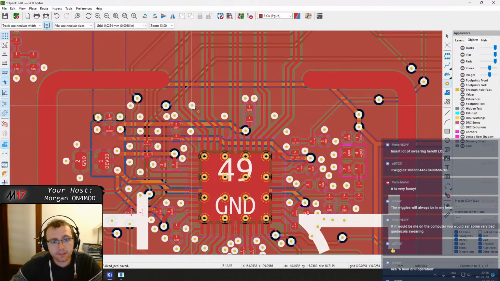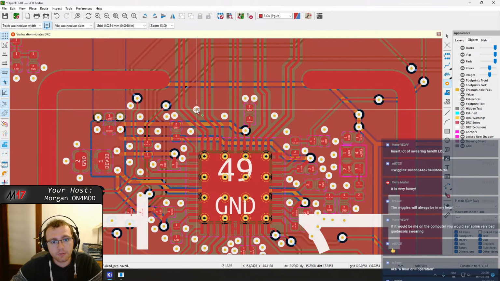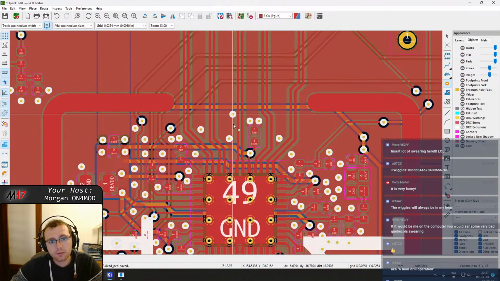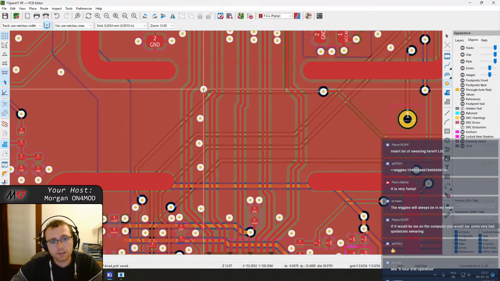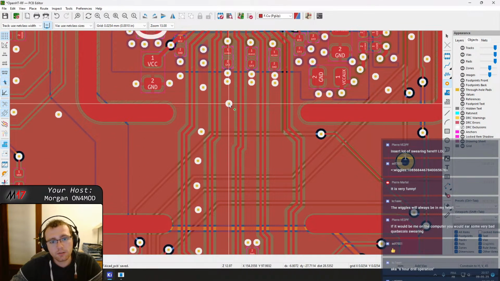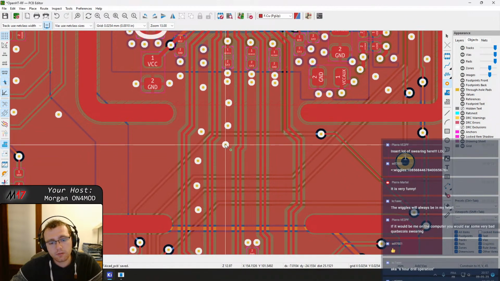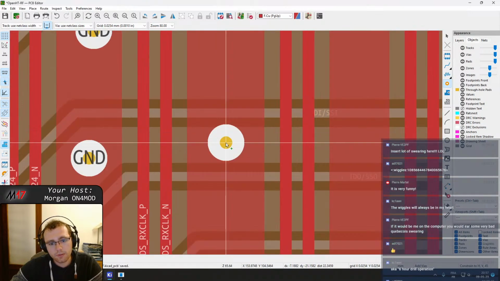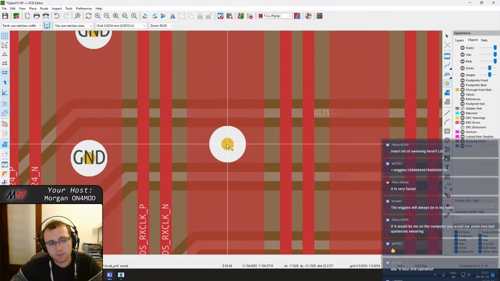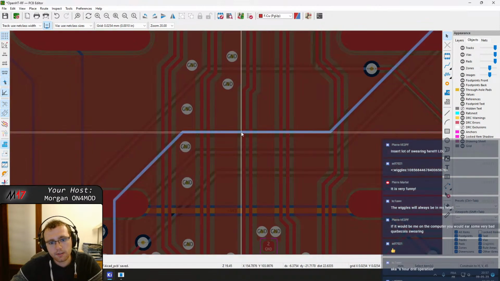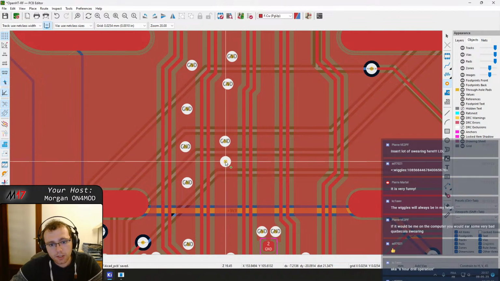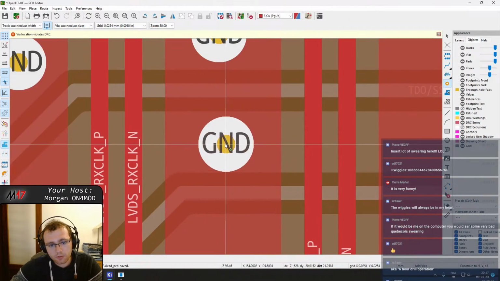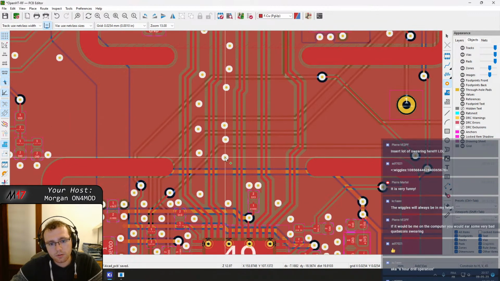So vias, of course, we need them everywhere. And then let's add some along the way. Do we have the room? No, not really. Let's make some room for the vias. Right here. Come on. Here.